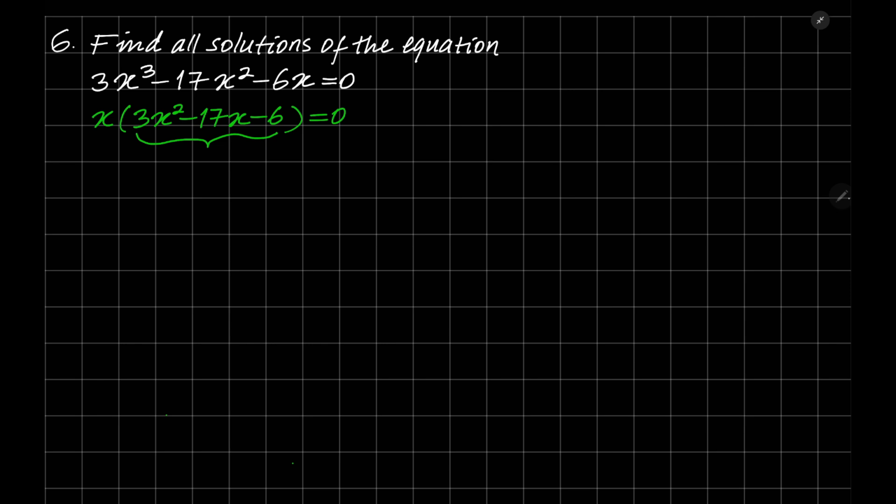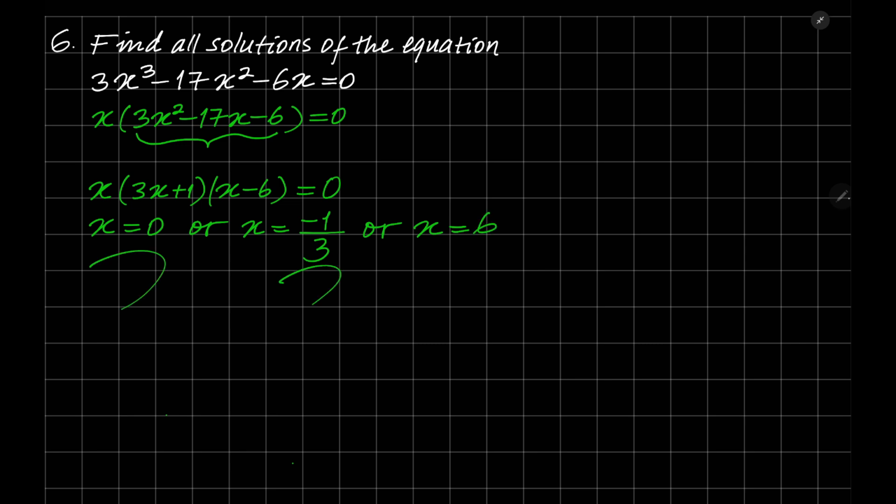Then we can factor it as x times 3x plus 1 times x minus 6 equal to 0. That means x is equal to 0 or x is equal to negative 1 over 3 or x is equal to 6. That's the answer. The next question.